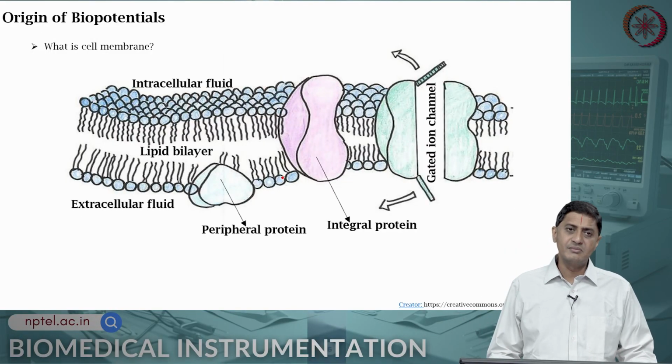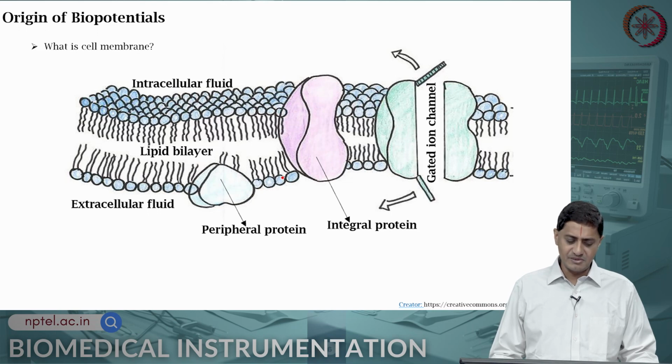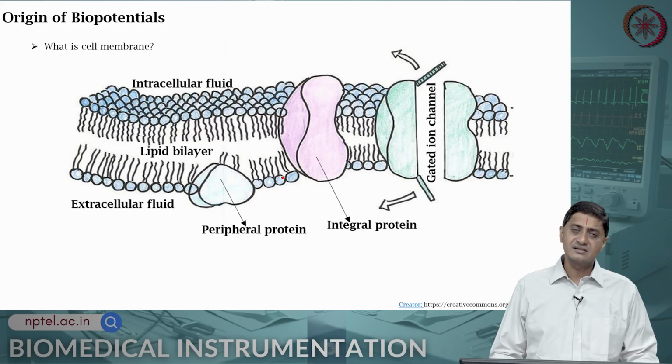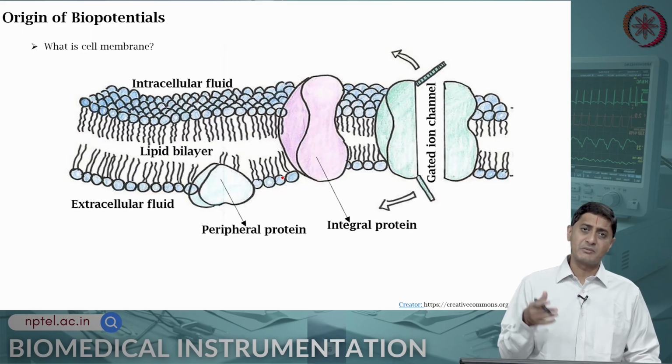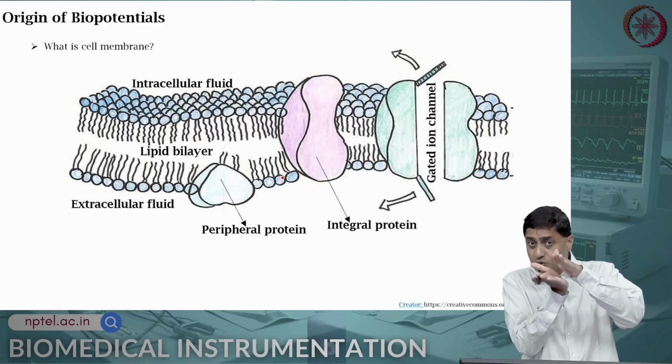So, remember, what is the cell membrane? The cell membrane essentially is a lipid bilayer that contains both hydrophobic and hydrophilic substances, and it contains different types of proteins. Some proteins span the entire plasma membrane. So, the plasma membrane has two layers.